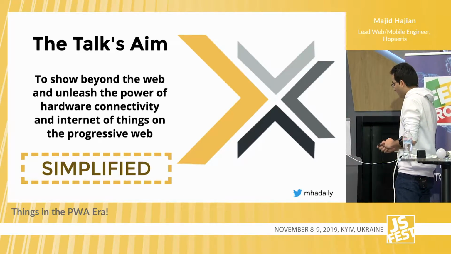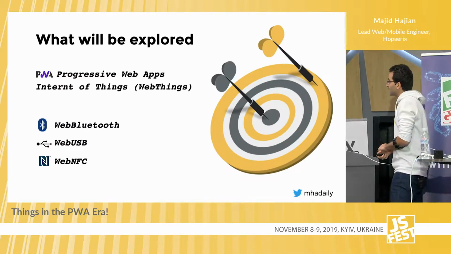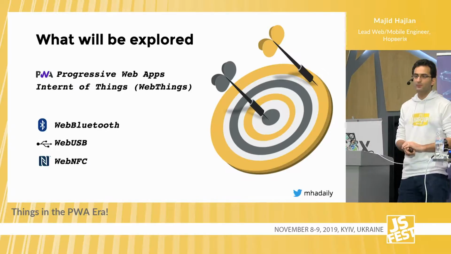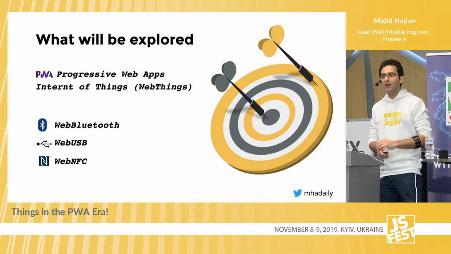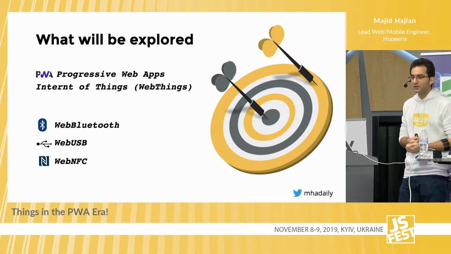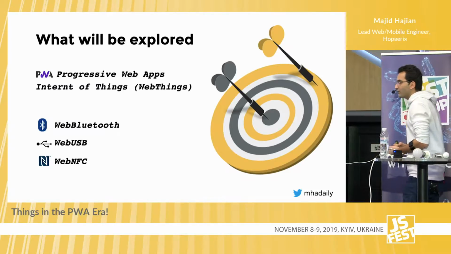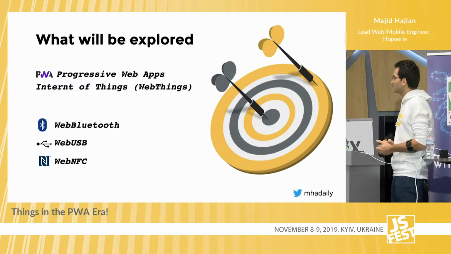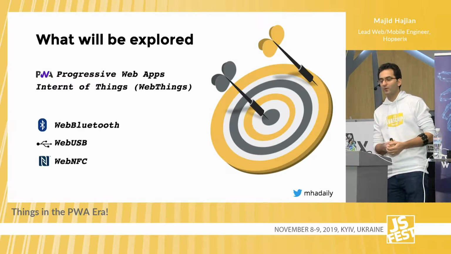What we are going to explore today is, of course, progressive web apps and Internet of Things, and three main APIs in the browsers: Web Bluetooth, Web USB, and Web NFC.